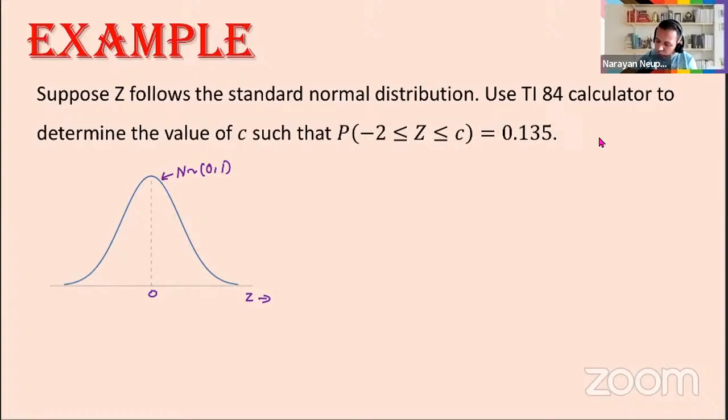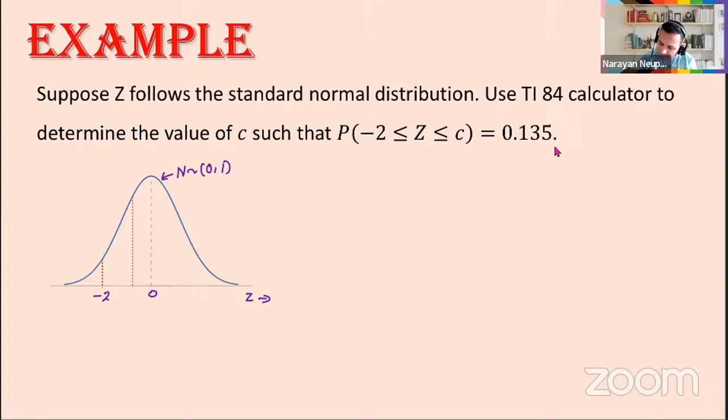If you think of 1 and 2 as standard deviations, 2 should be somewhere there, so that should be -2. So the probability that the Z value is between -2 and C is 0.135, like 13.5% area. So the 13.5% area should be something like that.